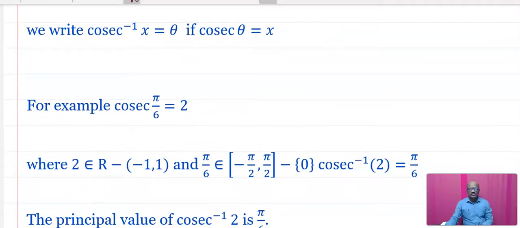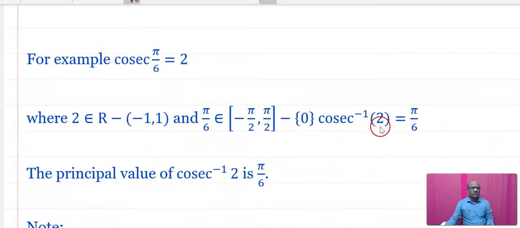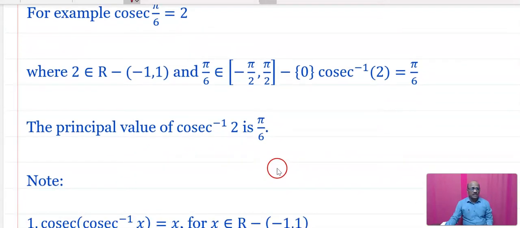For example, it's clear that cosec pi by 6 is equal to 2, where 2 belongs to the set of real numbers minus the open interval minus 1 to plus 1, and pi by 6 belongs to minus pi by 2 to plus pi by 2 minus 0, and hence cosec inverse of 2 is equal to pi by 6, and that's why the principal value of cosec inverse of 2 is pi by 6.